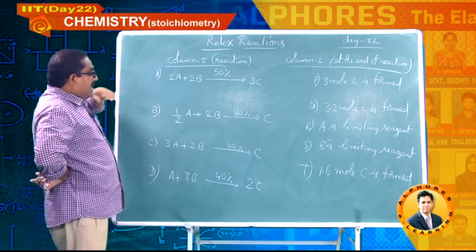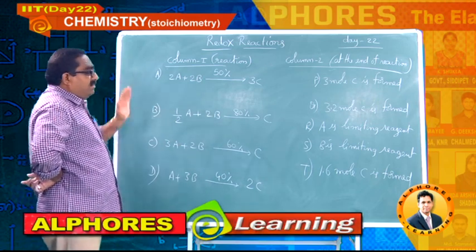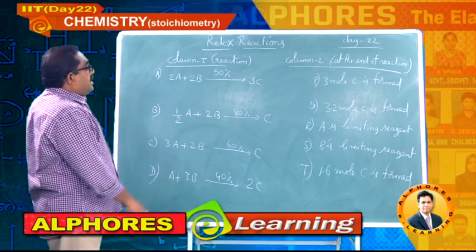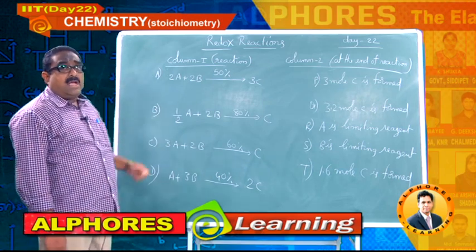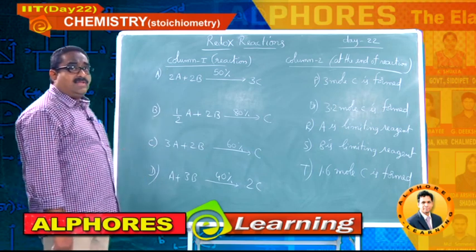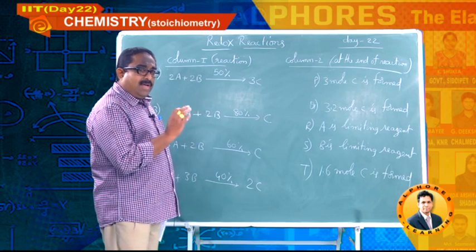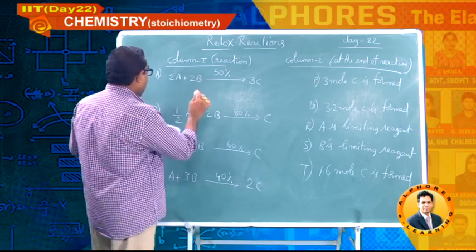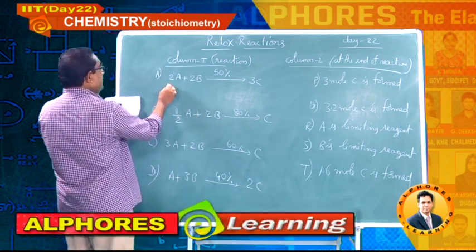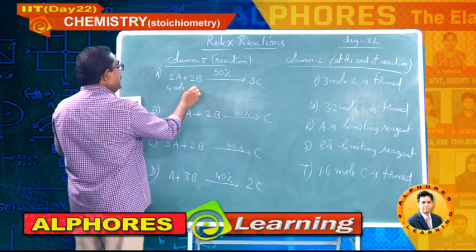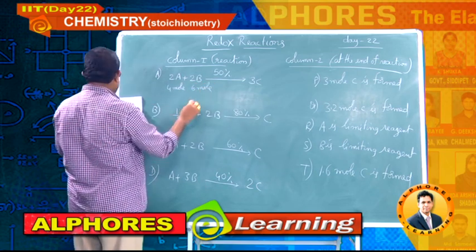Okay, let me match. This is a matrix matching, right? And he has given the moles also, students. Please note down this question. I will write the data. Okay, students, now I am going to give the given moles. Write down: 4 mole A given here, 6 mole B given.